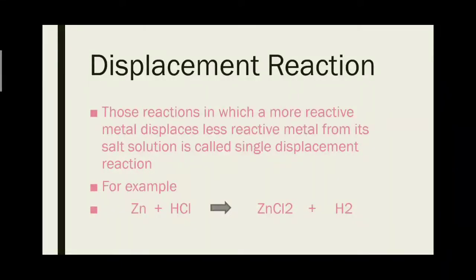So please check page number 45. On page number 45, the activity series or reactivity series is given. We will see that hydrogen is less reactive than zinc. See, zinc is up on third.